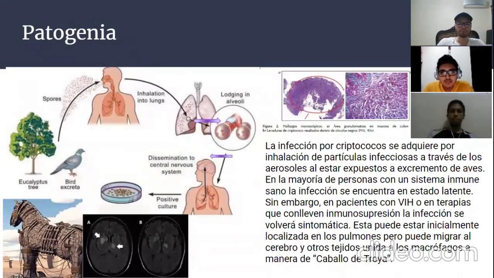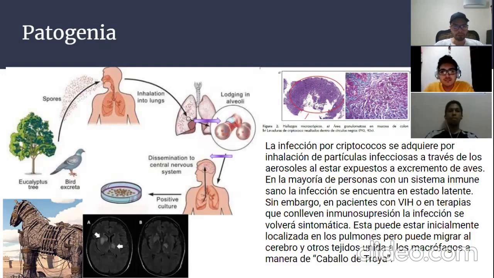The pathophysiology. The cryptococcal infection is acquired by inhaling infectious particles through aerosols when the person is exposed to bird droppings. In most people with healthy immune systems, the infection is in a state of latency.